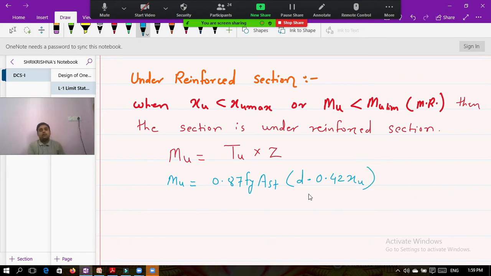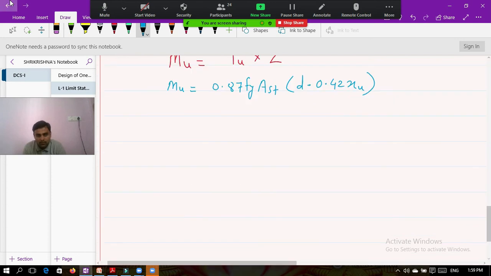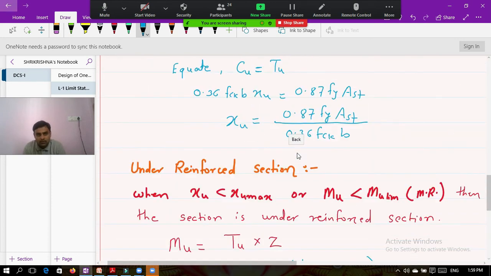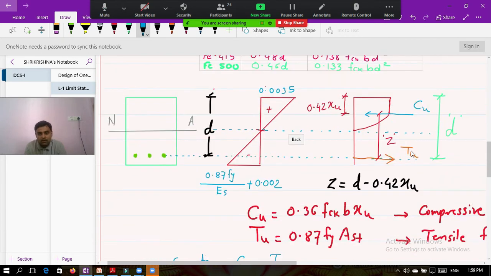This is the value of Z. Just above you can see over here, this is TU into Z, which is nothing but Mu when the section is under reinforced, and the value of Z is d minus 0.42 xu, whereas this total distance is d, this much is 0.42 xu, so this remaining will be d minus 0.42 xu.